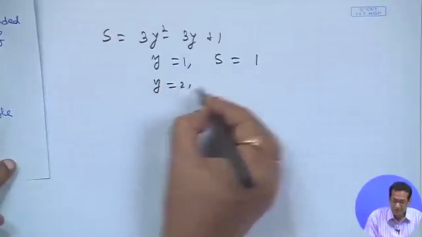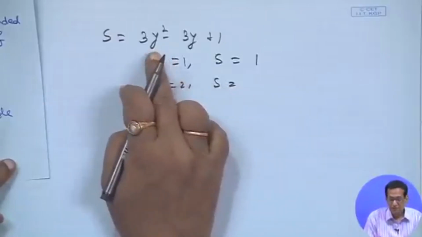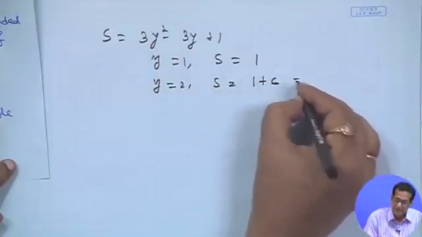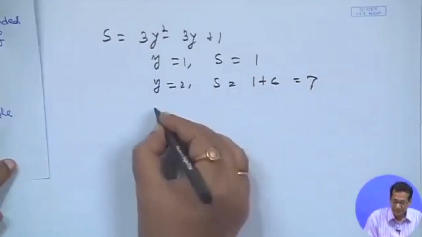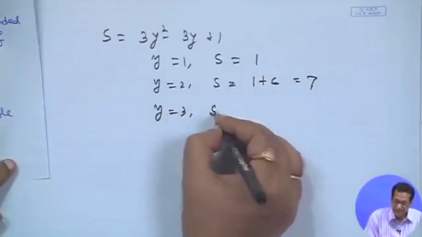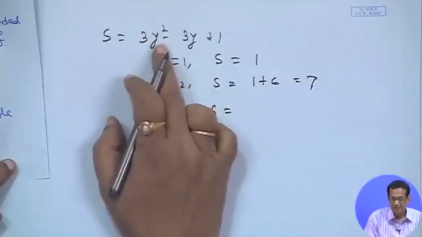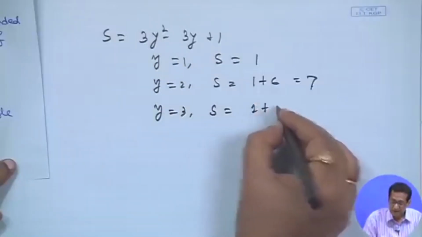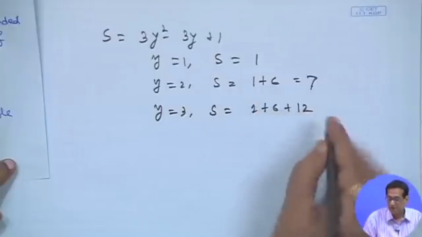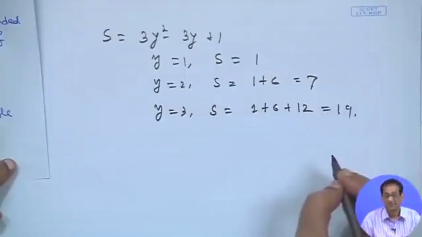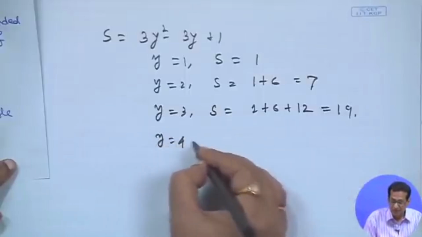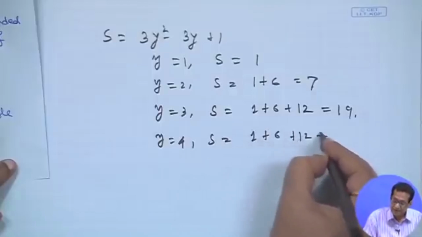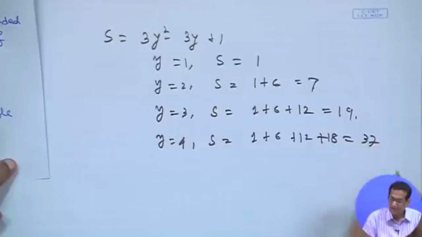When y is equal to 2, 3 into 4 is 12, minus 6 plus 1, it is 7, that is 1 plus 6. Then when y is equal to 3, 3 into 9 is 27, minus 9 is 18, plus 1 is 19. So, 1 plus 6 plus 12 is equal to 19. When y is equal to 4, it will be 1 plus 6 plus 12 plus 18 is equal to 37.